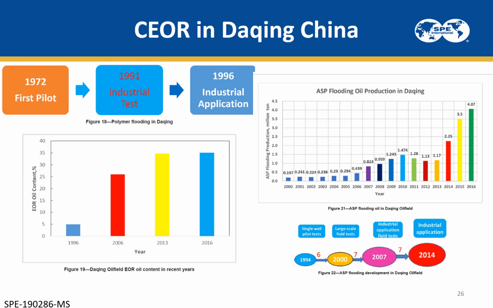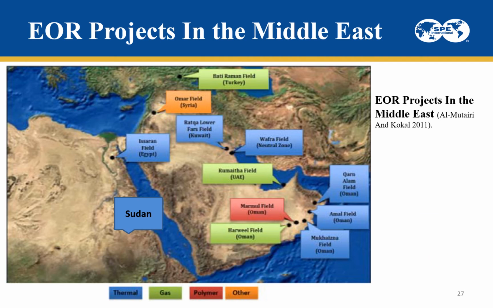And this journey took almost about 20 years, and we can see the peak for the contribution was reached in 2014, 2015 and 2016. So this gives us an indicator that EOR implementation is a long-term strategy.